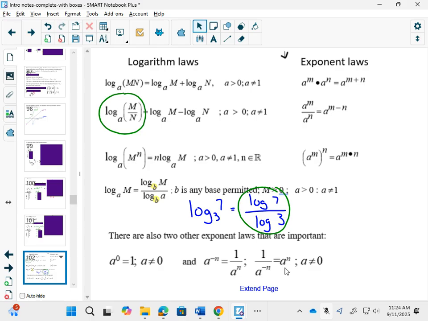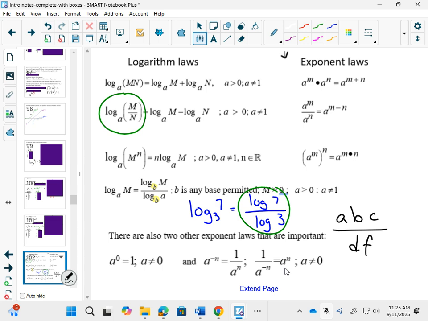So if I had something with a bunch of things, A, B, C, D, I'll skip E so you don't think it's a number, F, and I had exponents, this one has a -2, this one has a 3, this one has a -4, this one has a -7, and this one has an 8. I can switch things around so that all the exponents are positive.